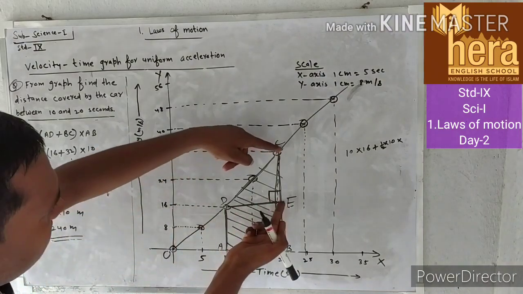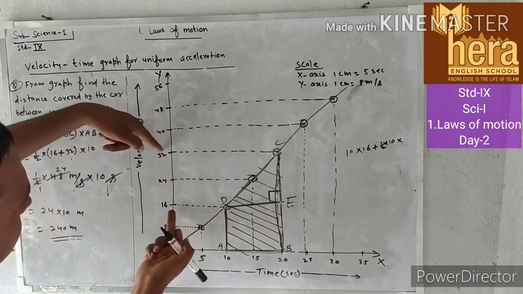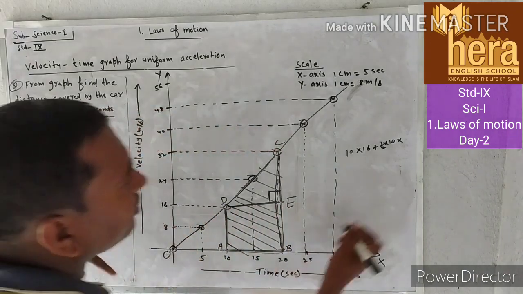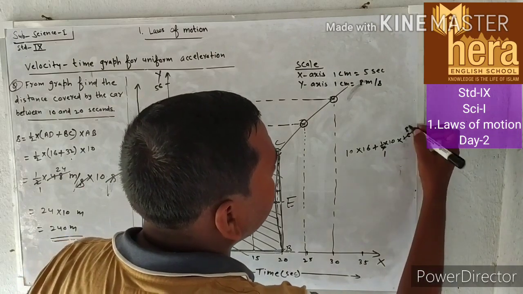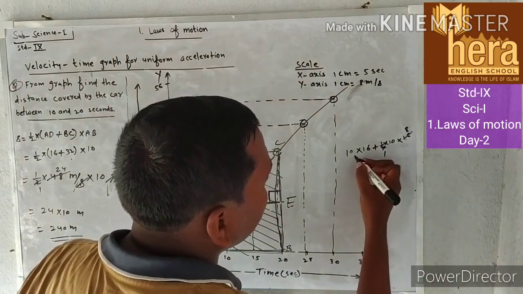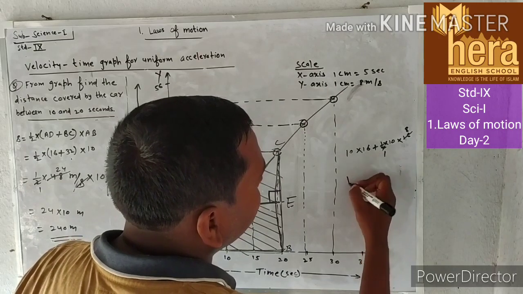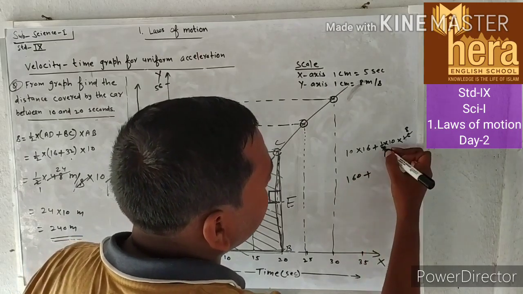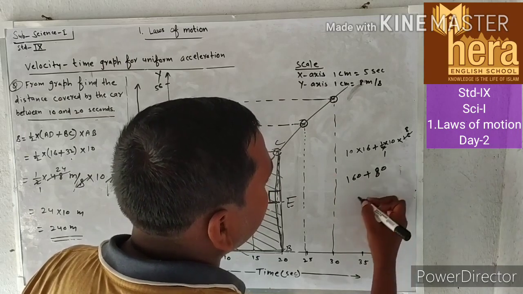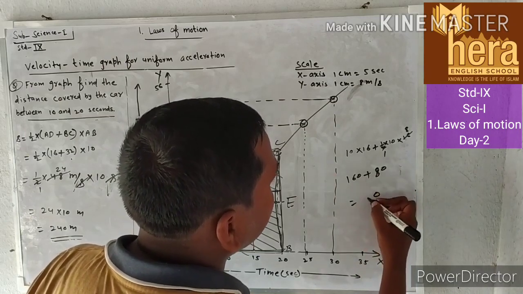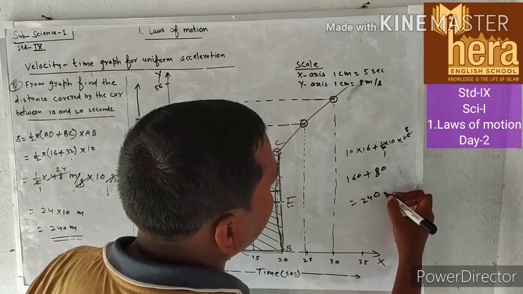So this distance will be equal to 32 minus 16, that will be equal to 16. 2 1 the 2, 2 8 the 16. This will be equal to 16 into 10, 160 plus 10 into it, that is 80. That will be equal to 240 again meter.